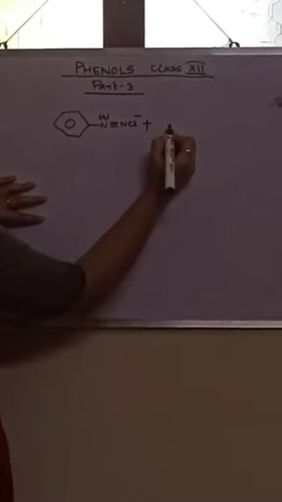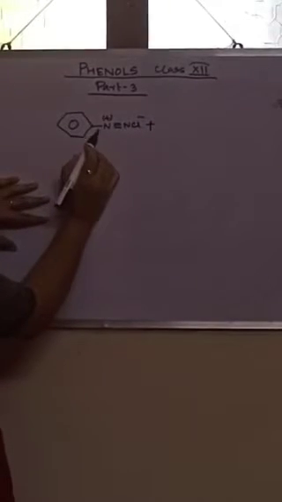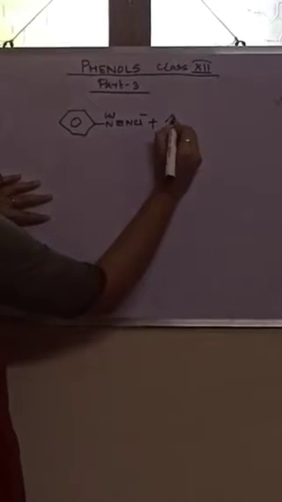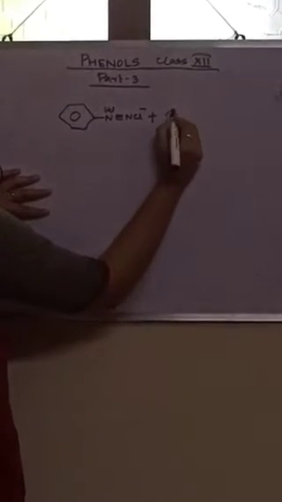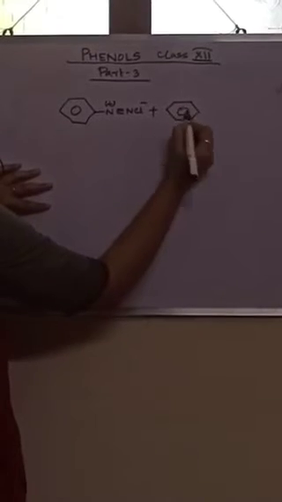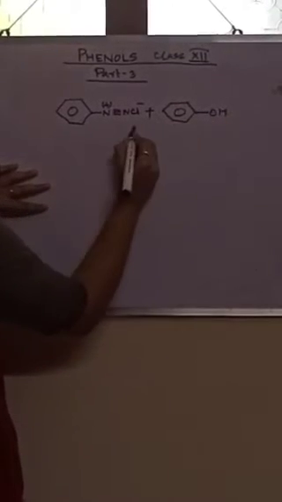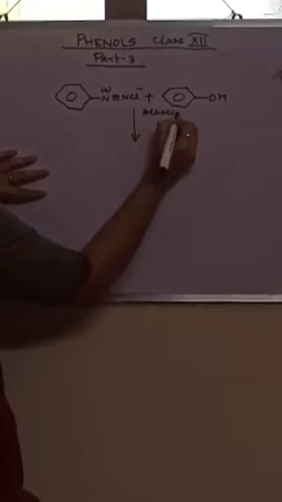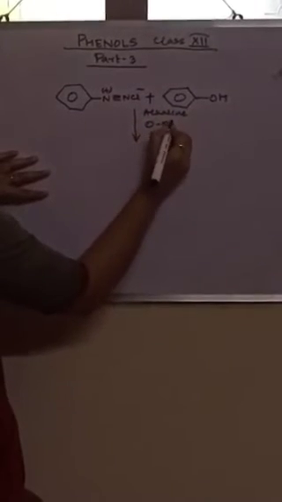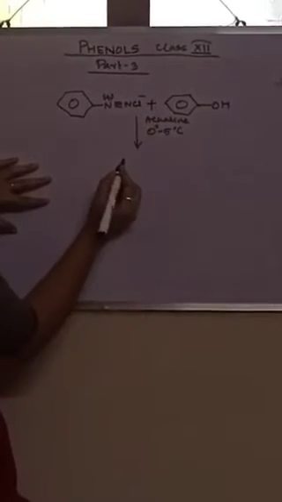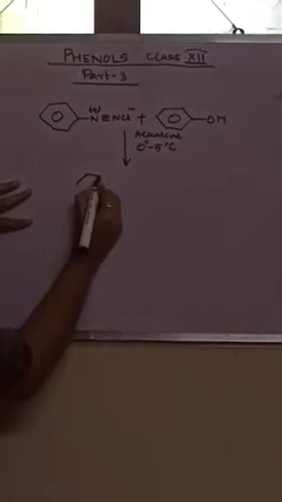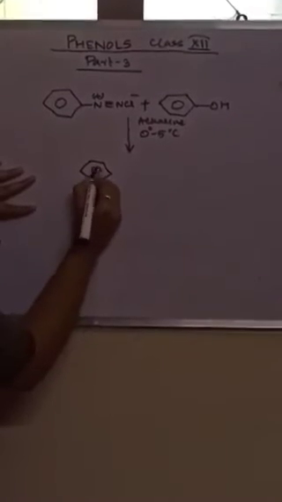When phenol reacts with weakly alkaline solution of benzene diazonium chloride at 0 to 5 degrees Celsius, then we will obtain a bright orange colored azo dye.